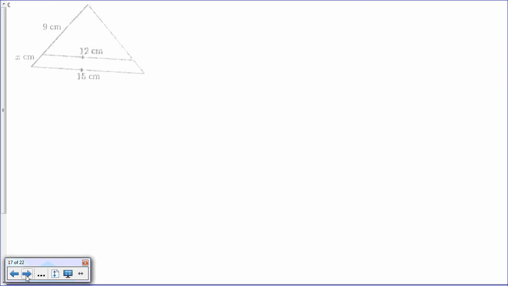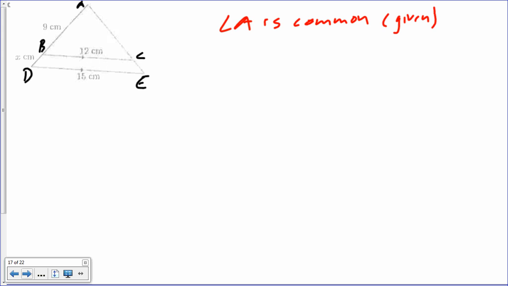So C, again labelling my triangle A, B, C, D, E. So we can say here, angle A is common. That's given to us. Then we need to look at another two.